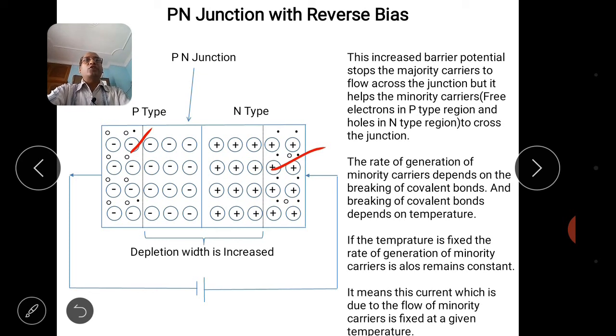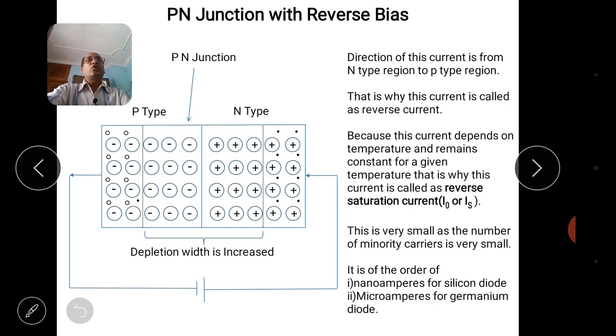The rate of generation of minority carriers depends on the breaking of covalent bonds, and breaking of covalent bonds depends on temperature. If the temperature is fixed, the rate of generation of minority carriers also remains constant. It means this current, which is due to the flow of minority carriers, is fixed at a given temperature. The direction of this current is from the n-type region to the p-type region.